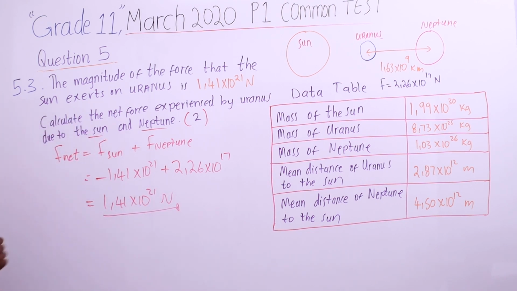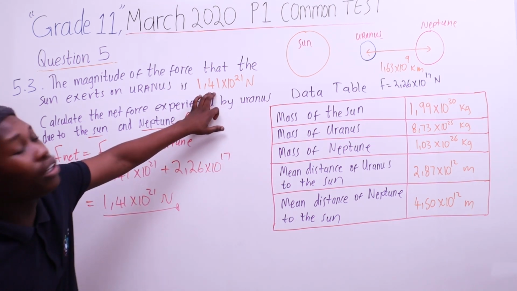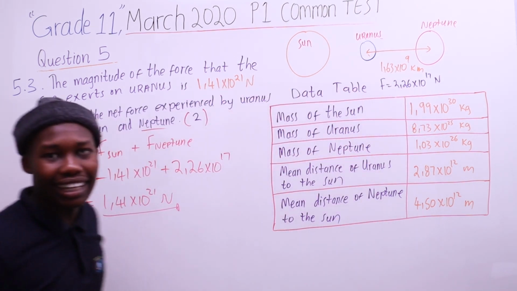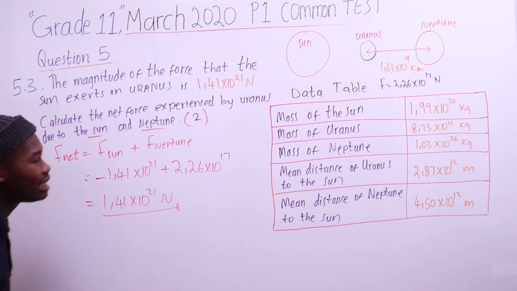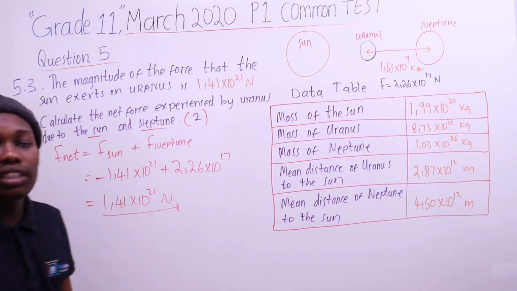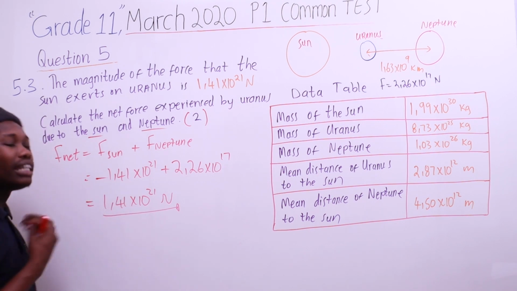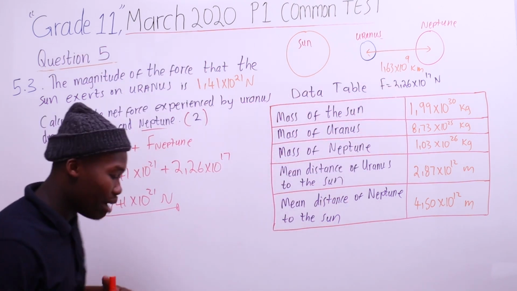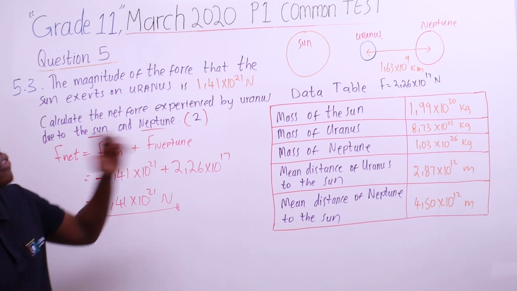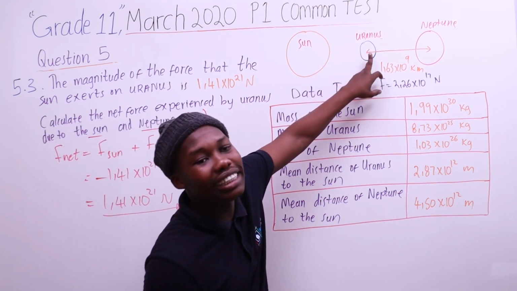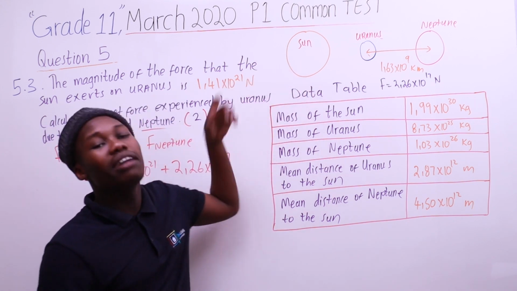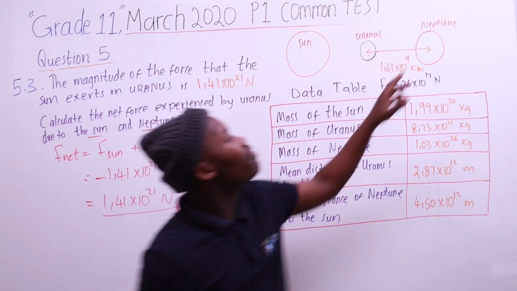So this part is easy. You take the number they gave you as negative, plus the number you got earlier as positive. There is no big formula you must use. The answer is fairly simple: negative of this force plus positive of this force, the sum, since they asked to calculate the net force experienced by Uranus. Uranus feels a gravitational force from the sun, but also feels another gravitational force from Neptune.